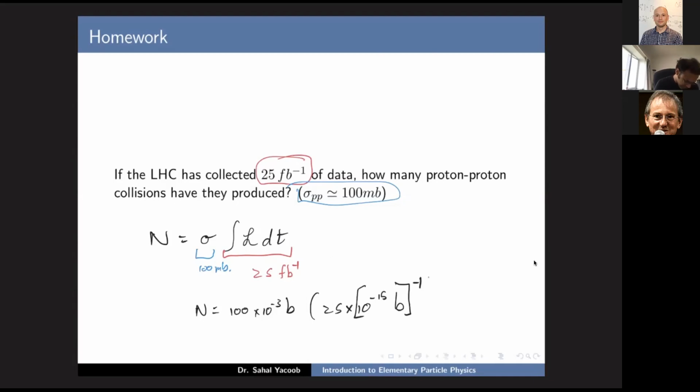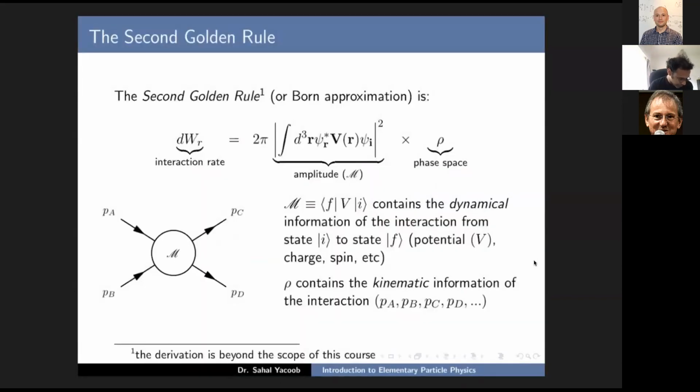The inverse applies to all of those, and so our inverse barns and our barns cancel out, and we get 2500 times 10 to the 12 events. I hope I've done that right. So if that was trivially boring for you, I guess it didn't take too long. And if you got a little bit confused with the units, don't feel bad. That happens to all of us.